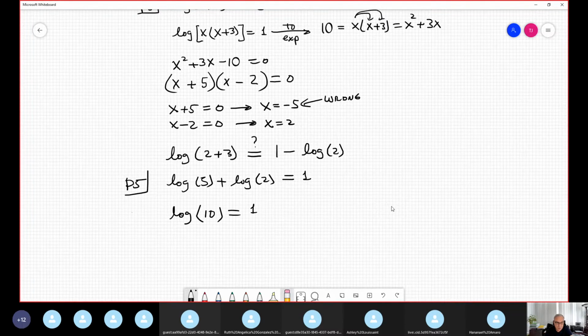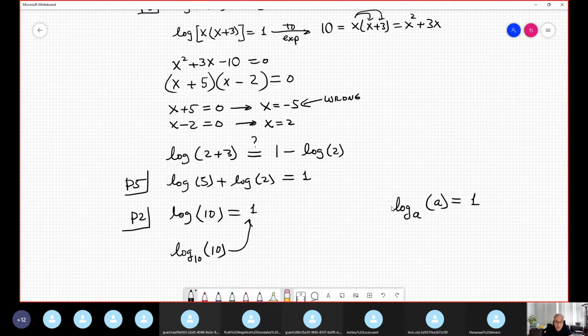And one more time we have the property number 2. Let me recall again. Property number 2 says the logarithm of any base of the same number in the argument is 1. In our specific example, it is the common logarithm, so by default the base is 10, and the number inside the argument is also 10.